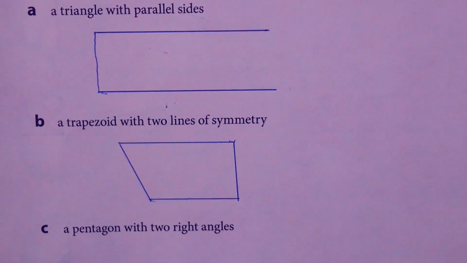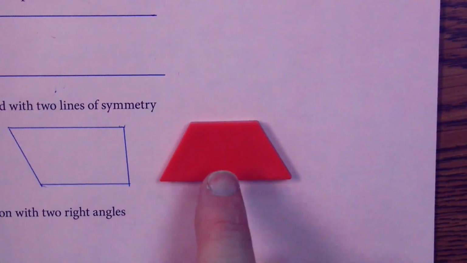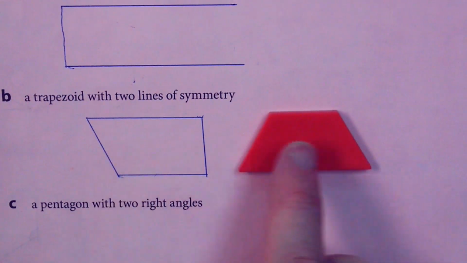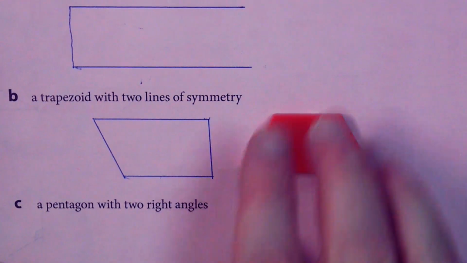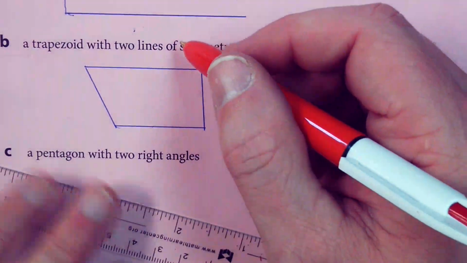Ooh. But what if I use my standard trapezoid? I'm going to reach into my bag of tricks here and grab the good old-fashioned trapezoid. Well, this has 1 line of symmetry down the middle. Oh gosh, I'm not sure that's possible, but I'm going to let you think of it. 2 lines of symmetry. See if we can figure out a way to fold this or another type of trapezoid in half twice.